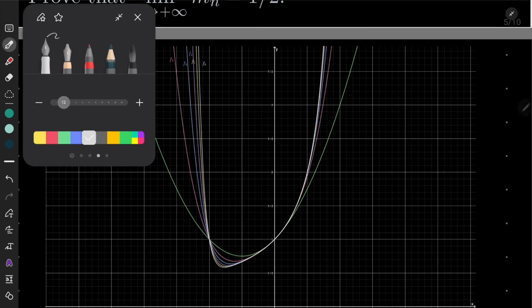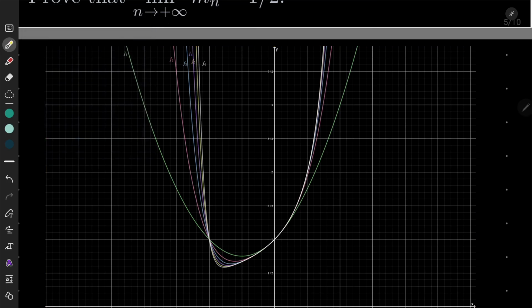First thing which is obvious from the graph is that our functions attain their minimum somewhere between -1 and 0, somewhere from there to there. And from our graph we see that in fact these minimums seem to converge to 1/2.